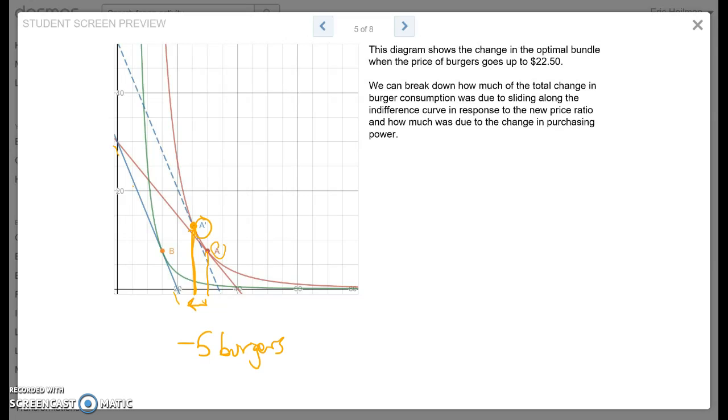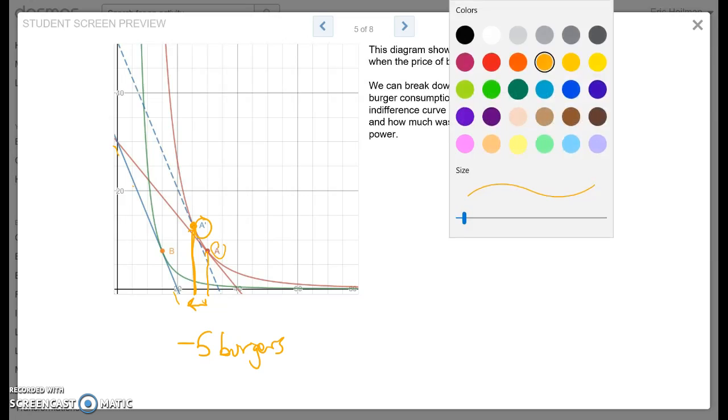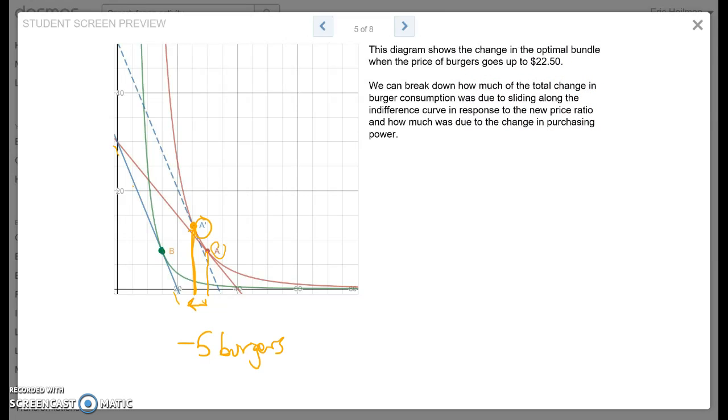The rest, so in reality, we ended up at point B. So we saw earlier, when we did this example, that we ended up at point B as the final equilibrium point. The rest of the movement from 25 burgers down to, it looks like 15 burgers, so that's a change of 10 burgers, that was the income effect.